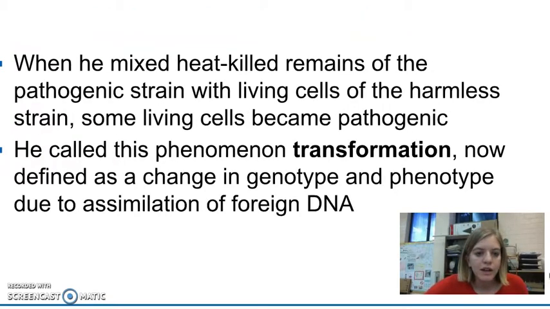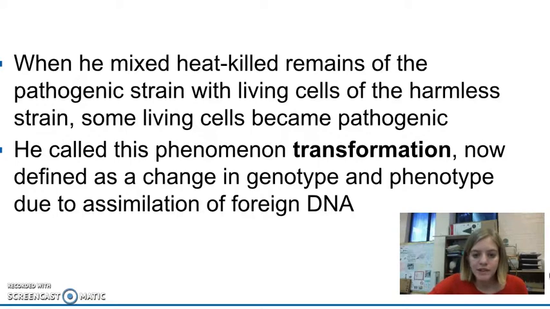He took the pathogenic bacteria, heated it up to a very high heat, killed the pathogenic strain, and then mixed it with living cells of the harmless strain. And what he noticed is that some of the originally harmless living cells became pathogenic, meaning they acquired the genes to pass on the pneumonia disease.